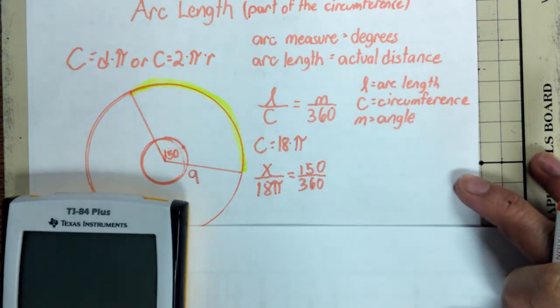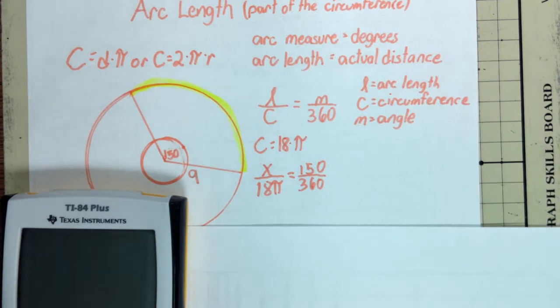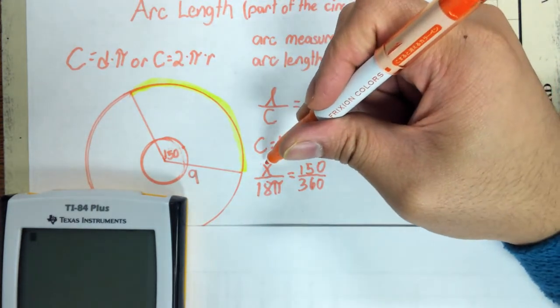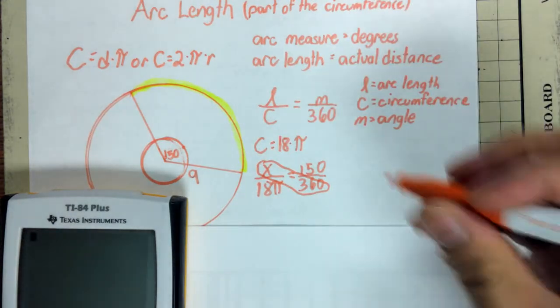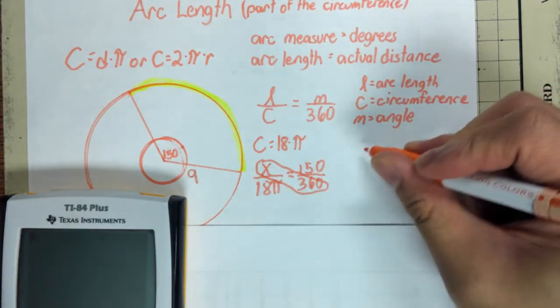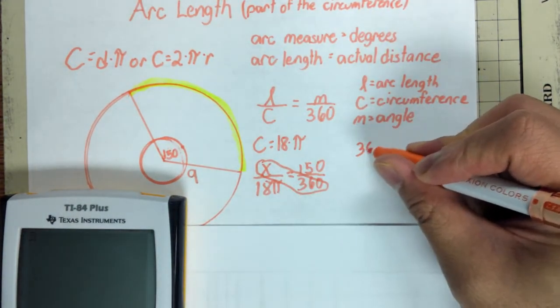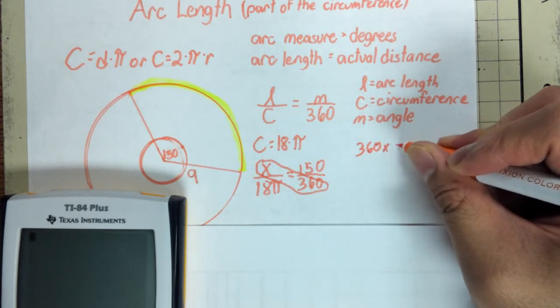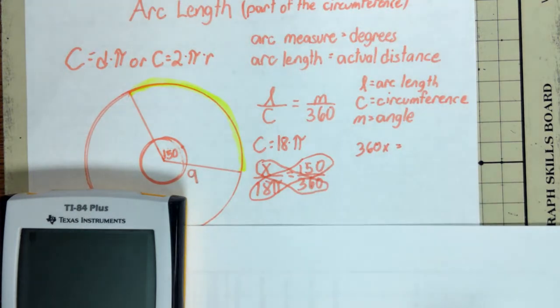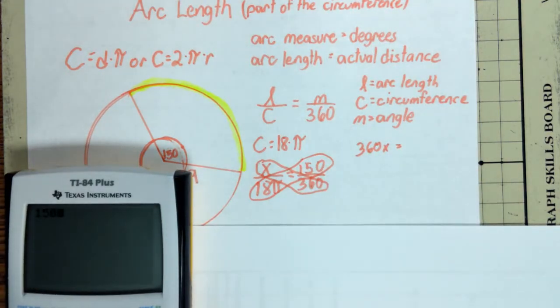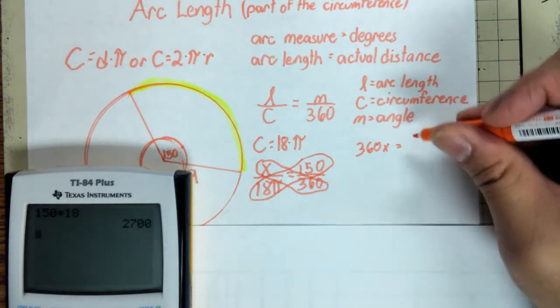So at this point, to solve this, we can cross multiply and solve. Cross multiplying, I have x multiplied with the 360 to get 360x equals 150 multiplied with 18 pi. When you multiply that out, 150 times 18, do not type pi in just yet.